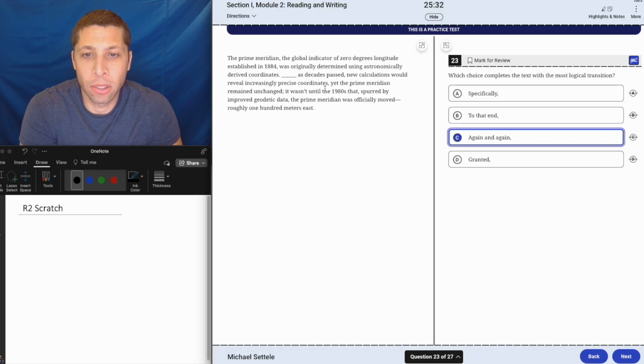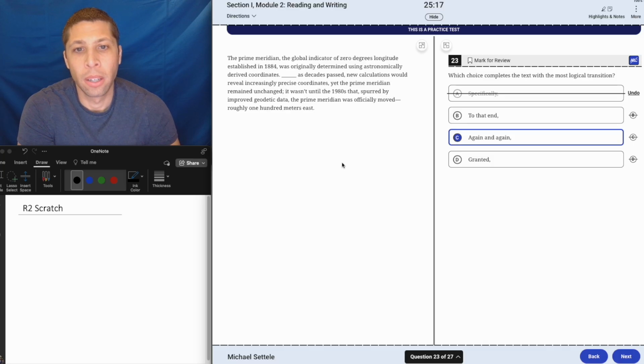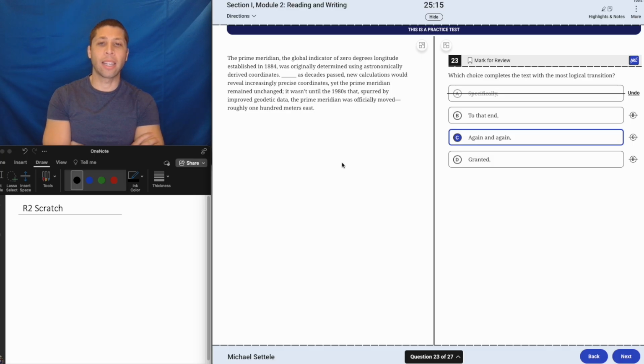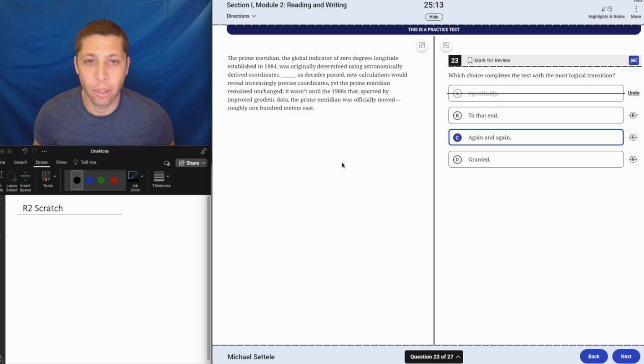Specifically is not right, because the decades passing is not an example of what they did originally. Determined using astronomy, but as decades pass, new calculations increasingly precise. It could be that, but I want to put the "but" here.